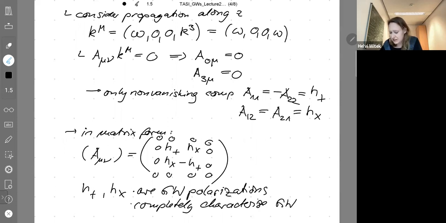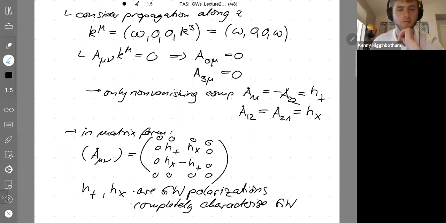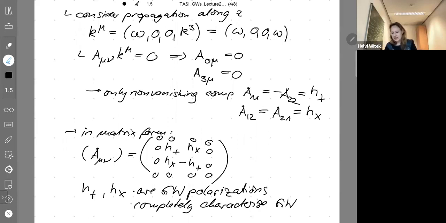In particular, what I would like you to think about for a moment is: would, and if so how, would a gravitational wave impact a single particle? What do you think? It wouldn't. That's absolutely right. A passing gravitational wave would not at all impact a single particle.